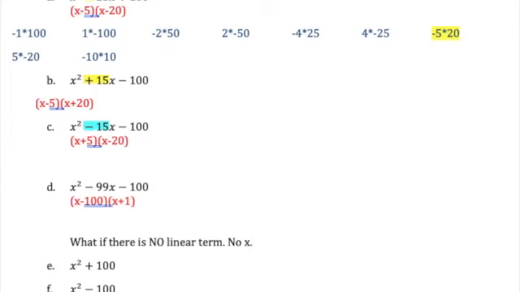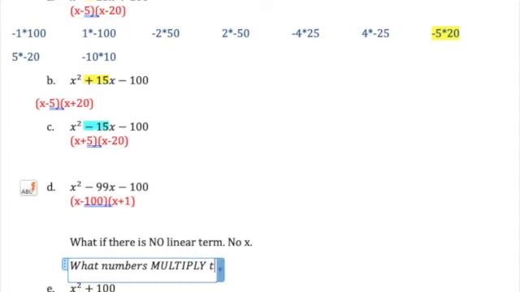There's an x squared and there's a number. So the thing we want to realize here is that I'm looking for numbers that multiply to get 100, but add to get 0.